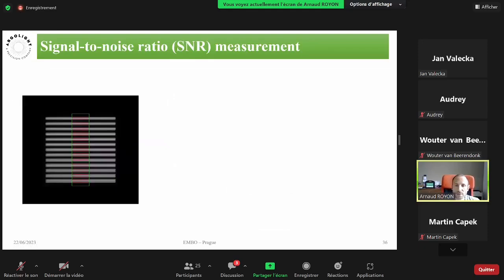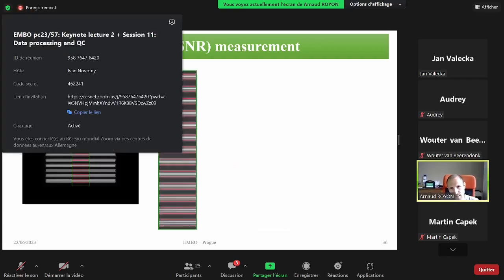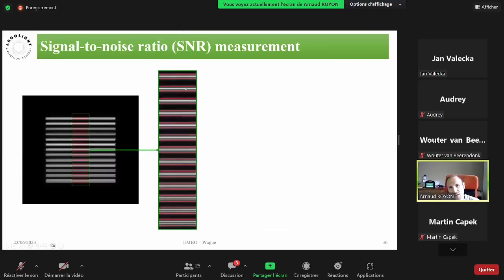One of the strengths of this approach is that using the same image within the same algorithm, we can also extract the signal-to-noise ratio in the image. How do we do that? We draw intensity line profiles along the outer lines of each group of lines.